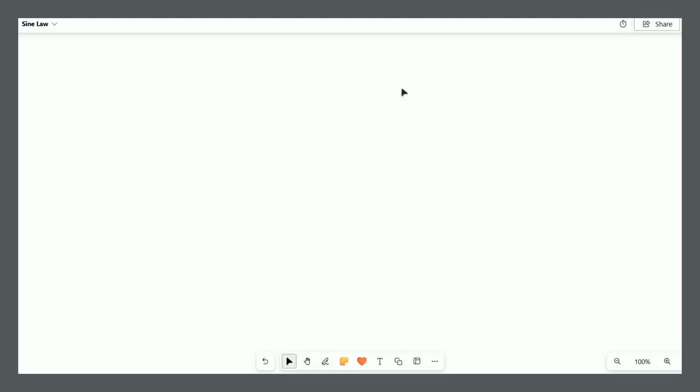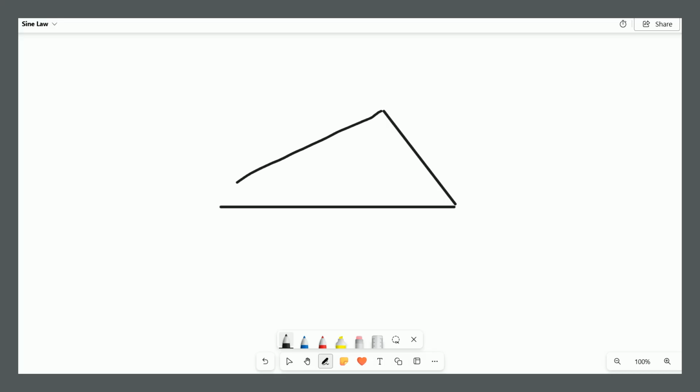For any triangle, we're going to give it sides A, B, C. So let's say this is side A, opposite angle alpha, and say this is side B, opposite angle beta.